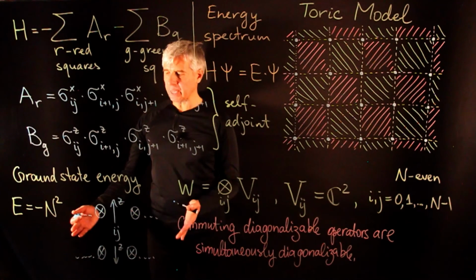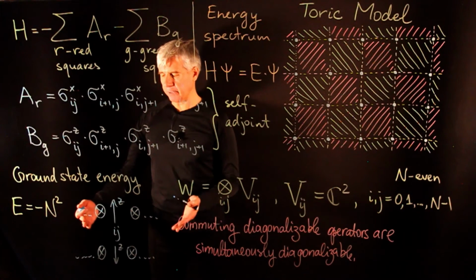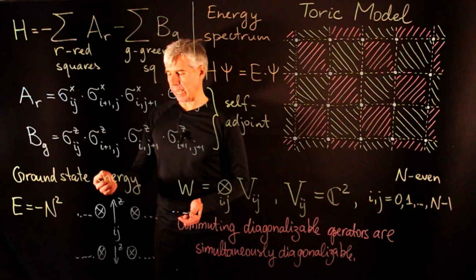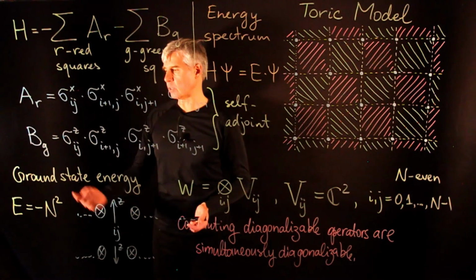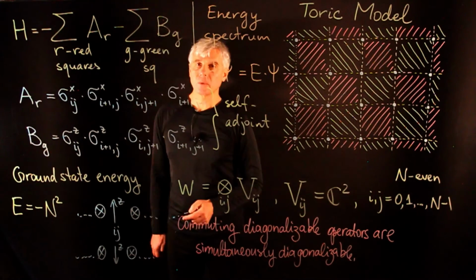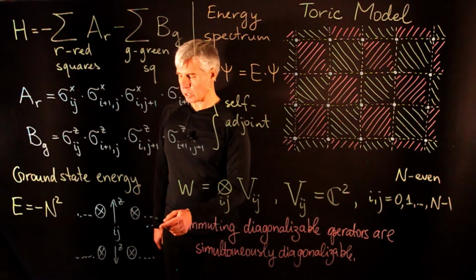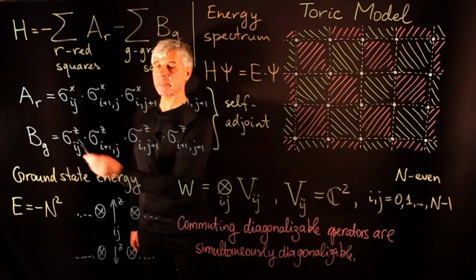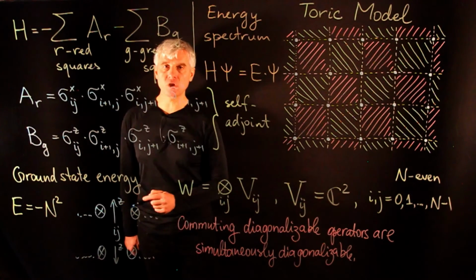Then such vectors will be eigenvectors for every sigma ijz matrix, and these will be eigenvectors for BG operator. We would like to select only those basis vectors that have eigenvalue +1 with respect to each operator BG.